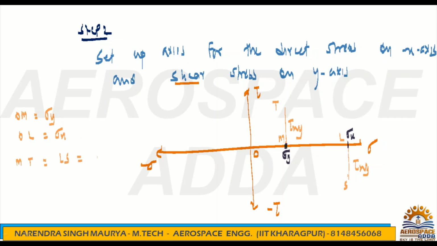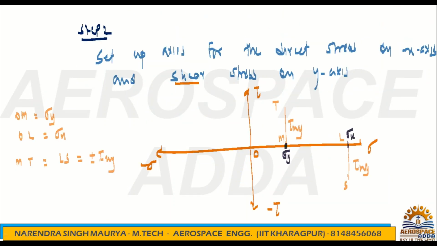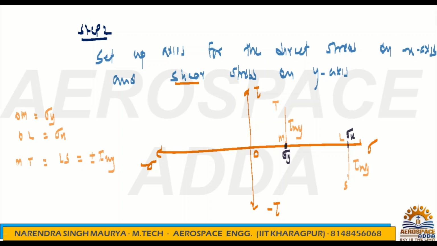Both are tau xy, but plus and minus. MT is plus tau xy, LS is minus tau xy. This is the meaning of it. Always remember this. Now, what is the next step? This is step 1, then 2. We'll talk about the steps. On this only I have drawn.